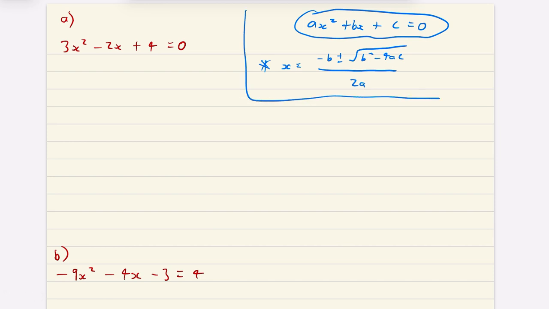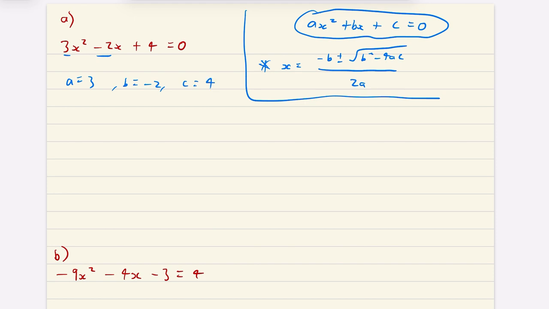First thing you should always do when you get a question like this is write down what your a, b, and c are. So my a is my coefficient of my x squared term. My b is my coefficient of my x term, and in this case it's negative 2, because that negative is part of that 2. And then c will be my constant, which is positive 4.